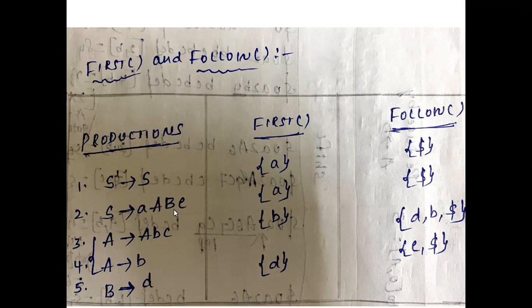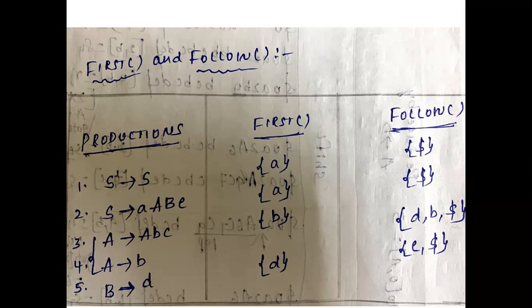So here we are applying the rule follow of A is equal to follow of B. That means follow of B is equal to follow of S. And what is the follow of S output? Dollar. So finally the output for the follow of B is E comma dollar. This is the first and follow function computation for the given grammar.